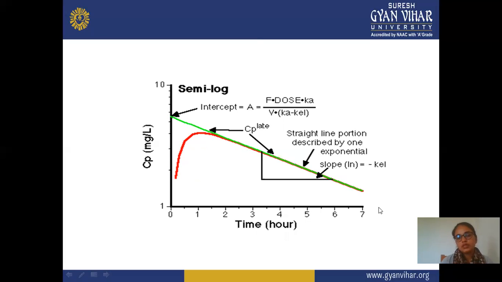When we plot this straight line, it has an intercept A, given by the equation A = F × Dose × Ka / V(Ka - Ke). This is Cp, the plasma drug concentration, which starts to decline, and this is one slope, the slope is -Ke, a straight line portion described by one exponential.